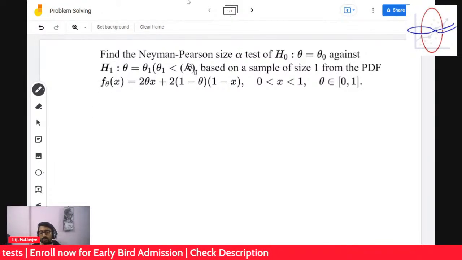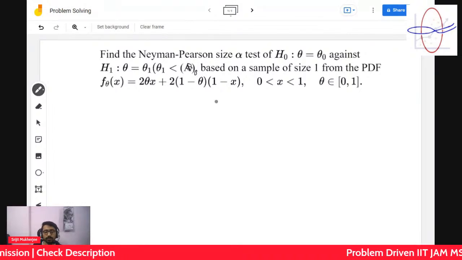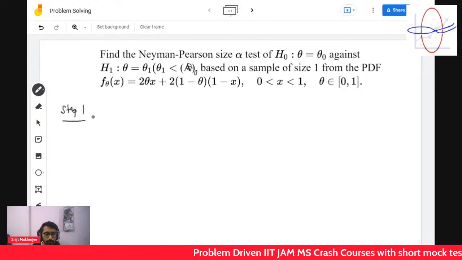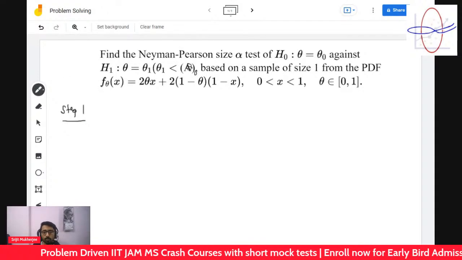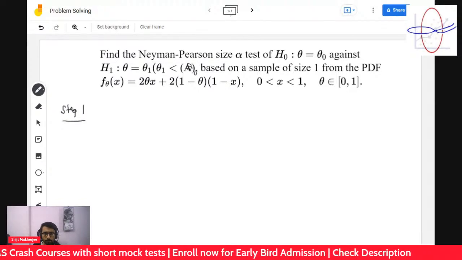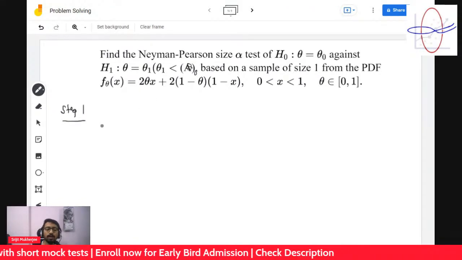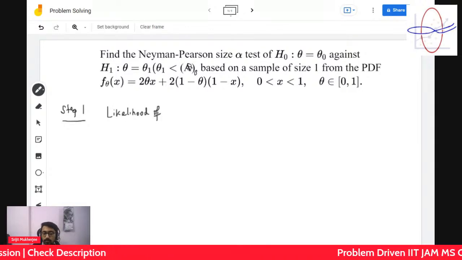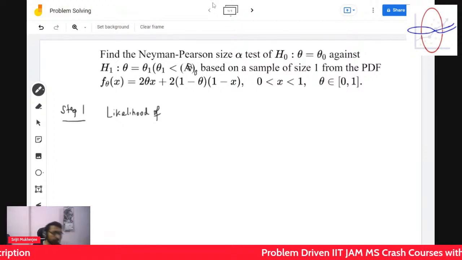Anyone? Nikhil, Rajesh, or Shana, anyone who wants to volunteer the steps, how to do it? What is step number one? We have to write the likelihood or joint distribution. Yes, so write the likelihood of what? You didn't tell it fully clearly, that's why I'm asking again.